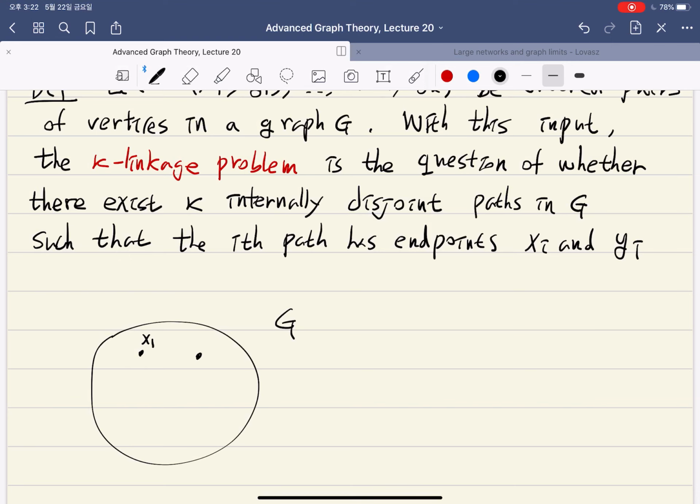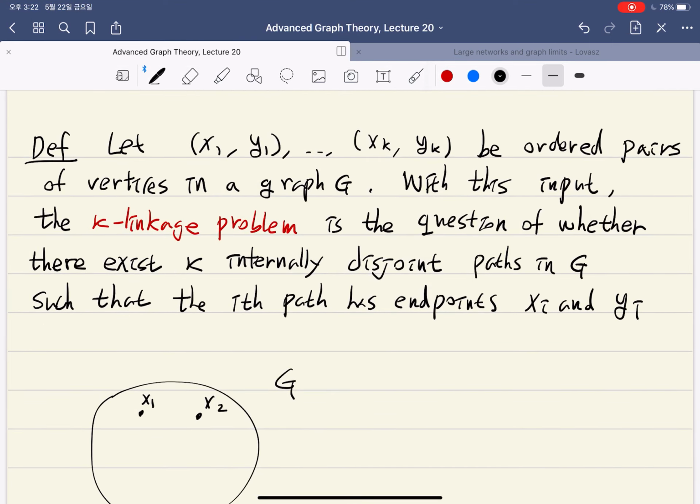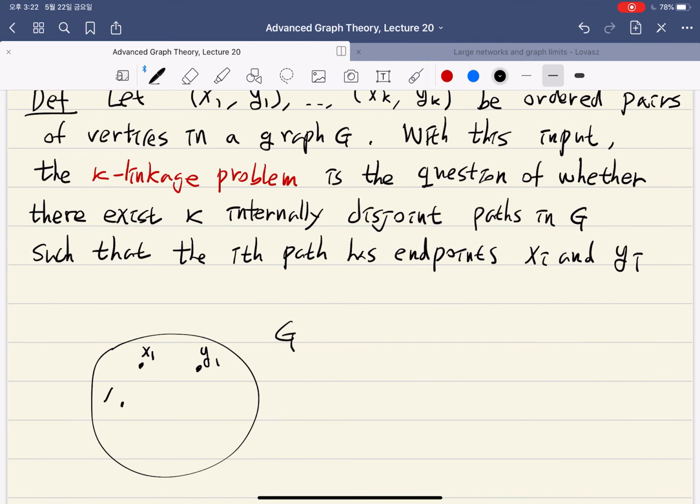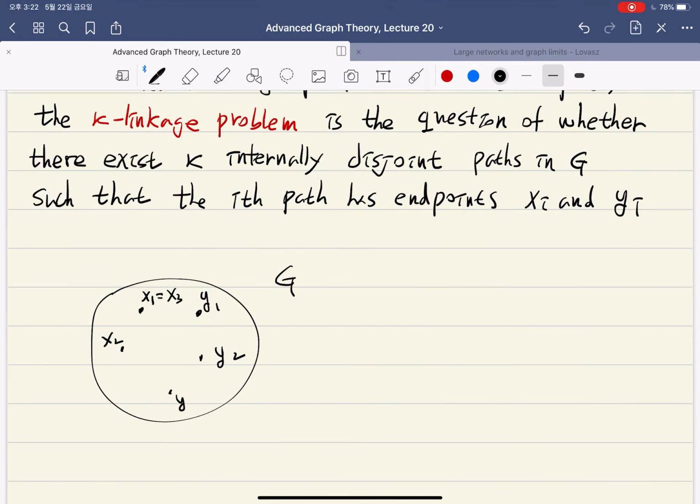So x1 and y1, and x2, y2, and let's say x3 is, again, same as x1, and y3, and let's say y4 is same as x2 and x4 is same as y3.